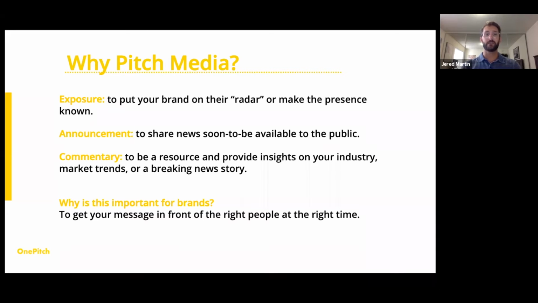And lastly, commentary. Commentary is what I would consider one of the most popular forms of pitching media, especially with a lot of the news being generated at a very quick pace. We know what is dominating the headlines currently, but outside of this particular time, news moves at a very rapid pace, right? It's always occurring. People are always releasing new news stories.